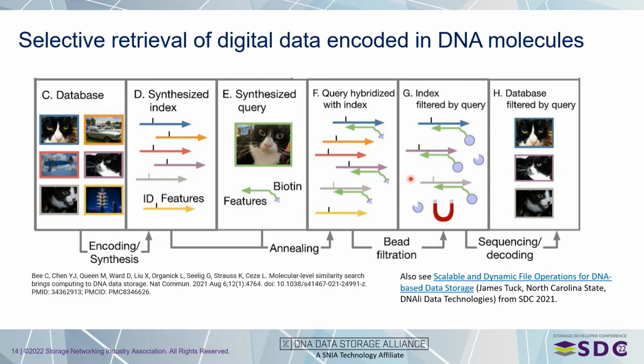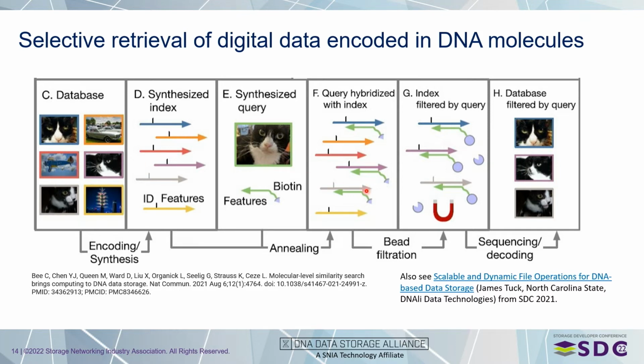In this case, it's a magnetic nanoparticle, and you can then pull. It's a little Pac-Man thing here, right? So you can pull then the indices out of the database that correspond to cats, and so we get our query. So we don't get the automobile, et cetera.